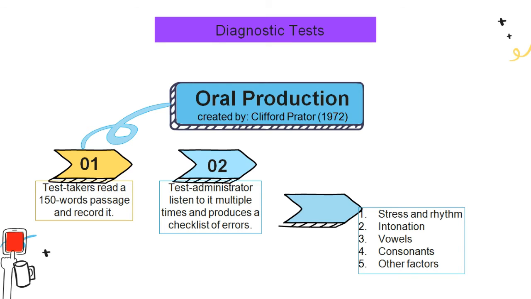So, first, the test takers read a 150-word passage while recording their voice. After that, the test administrator listens to it multiple times and produces a checklist of errors. The checklist includes 5 main categories. There are stress and rhythm, intonation, vowels, consonants, and other factors.